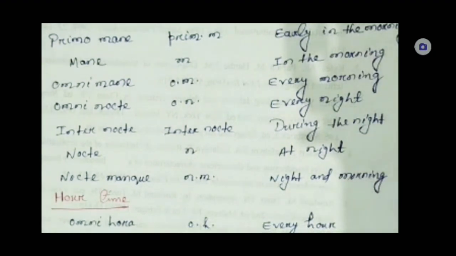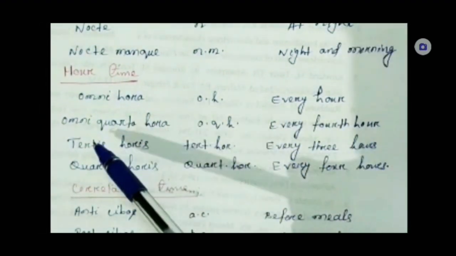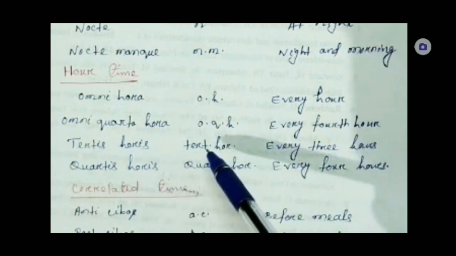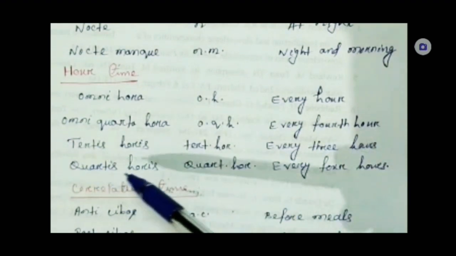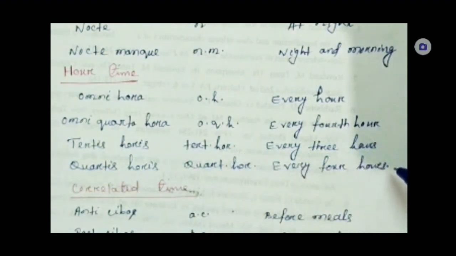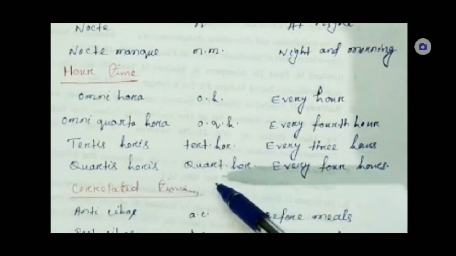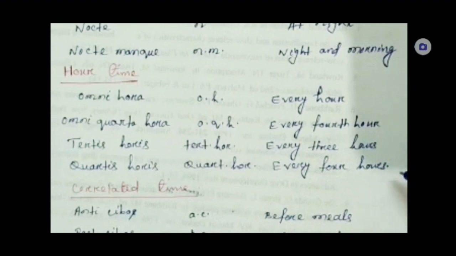Likewise, hour time. If it is written in Latin terms, omni hora, abbreviation OH, means every hour. Likewise, omni quarta hora, OQH, every fourth hour. Tertia hora, the abbreviation, means every 3 hours. Quarta hora, the abbreviation, means every 4 hours.